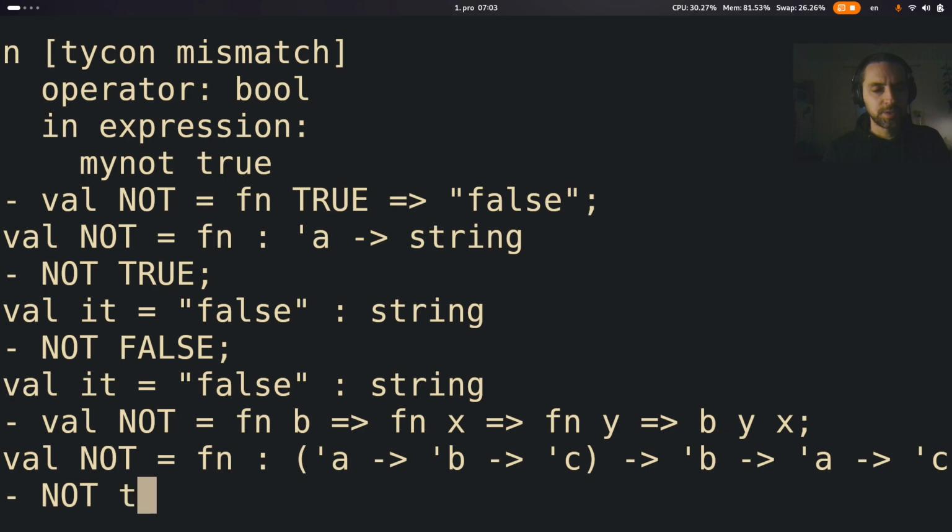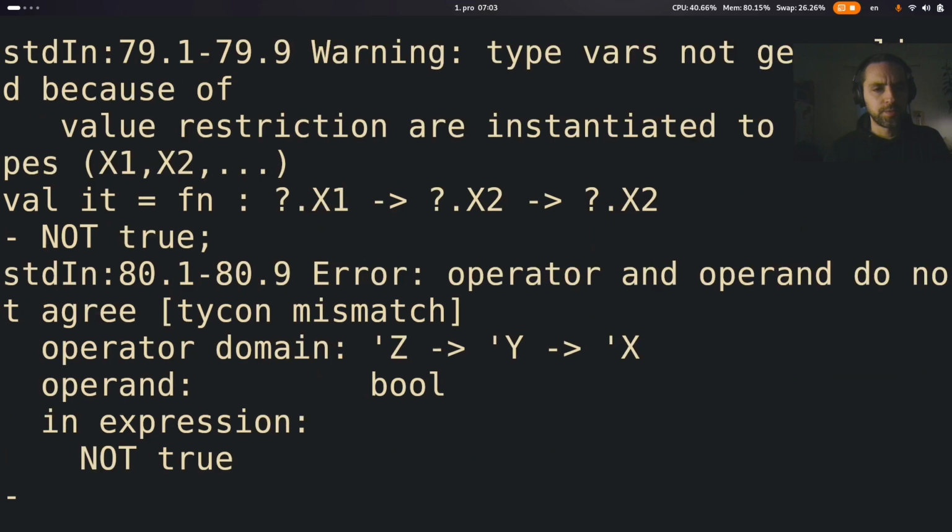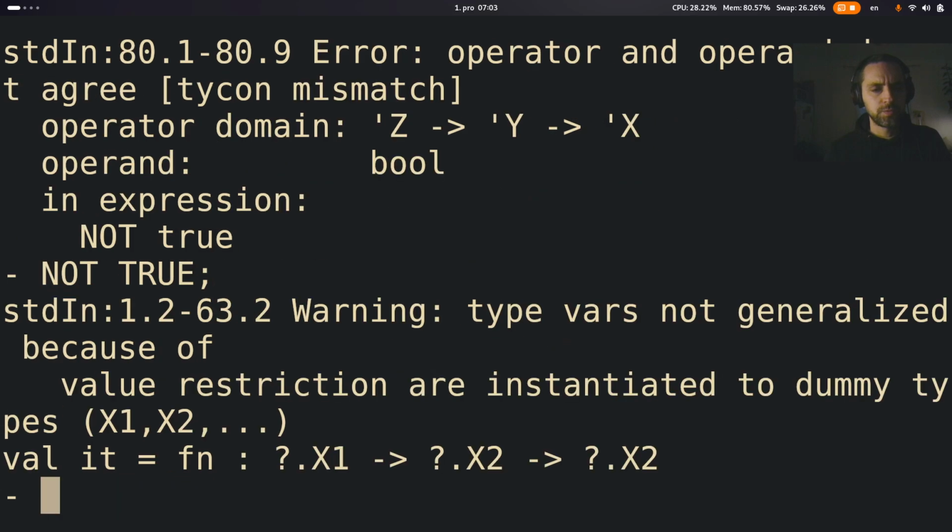So not true. Not true. Error: operator not. Didn't I define true? Value restrictions are instantiated, I think that's the thing with SML.